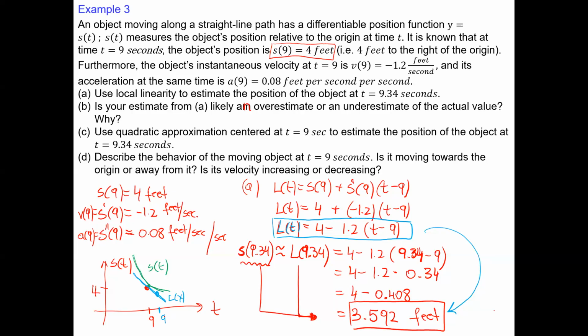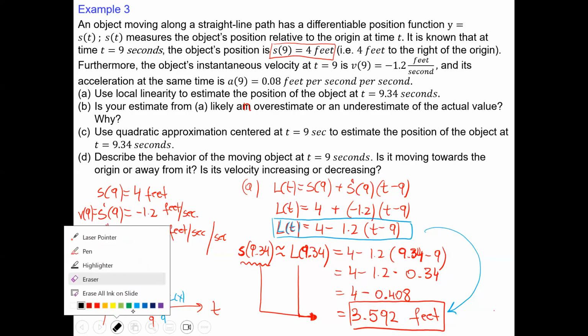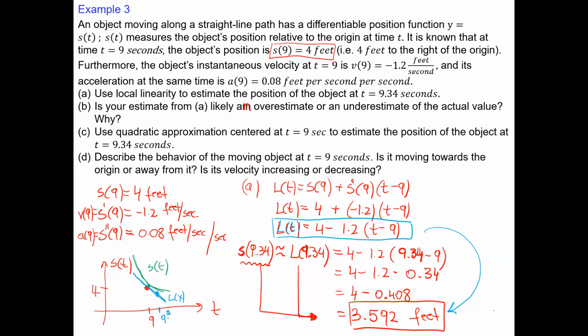9.34, but I cannot write really low. Let's write a little bit higher. We did, yes, this is the blue dot. That means it's the point on the tangent line. It's below the curve, so it's an underestimate.